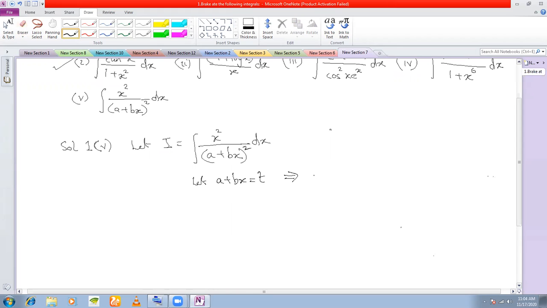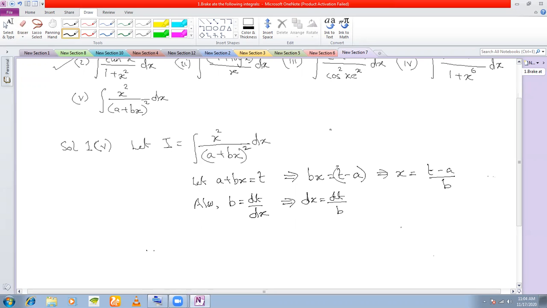That means you have bx is equal to t minus a, that means x is equal to (t minus a) by b. Also if you differentiate both sides with respect to x, you get b is equal to dt by dx, that means dx is equal to dt by b.